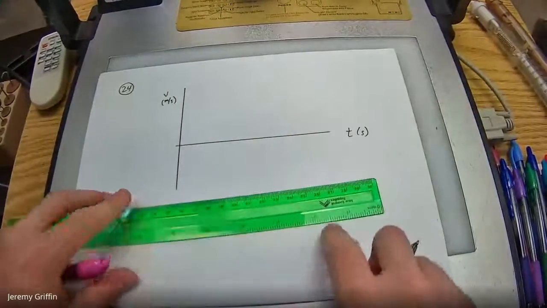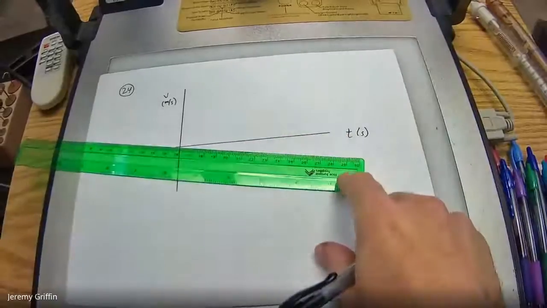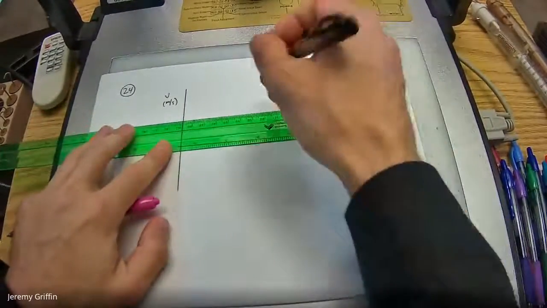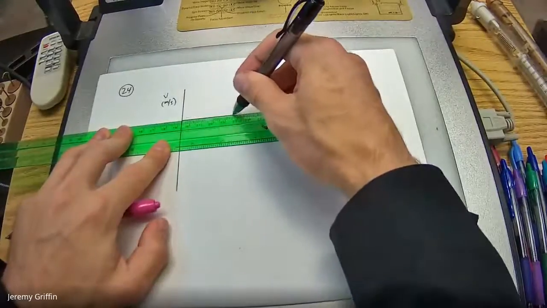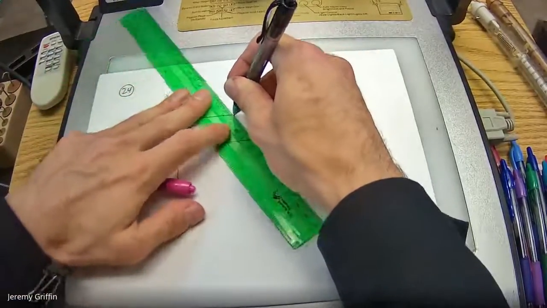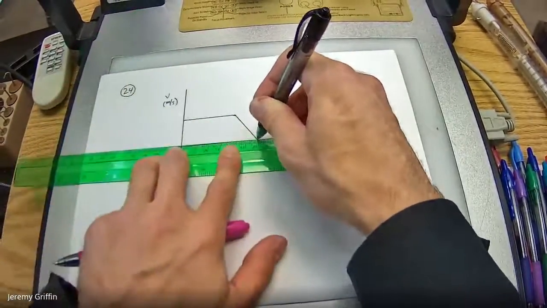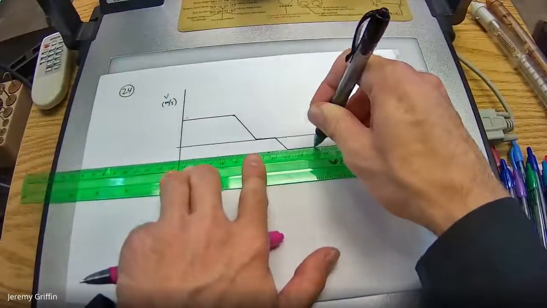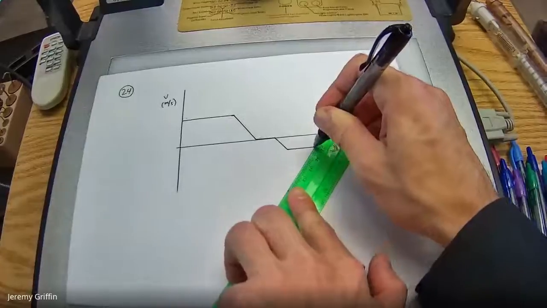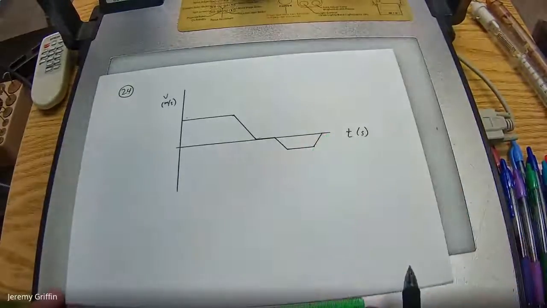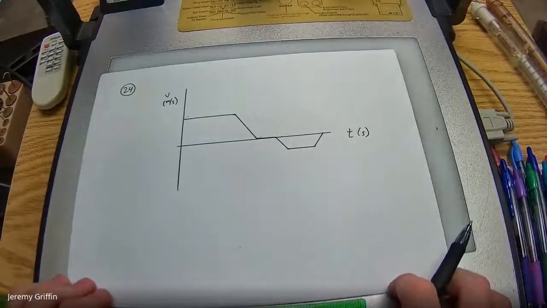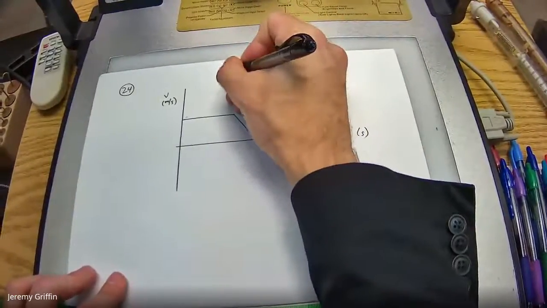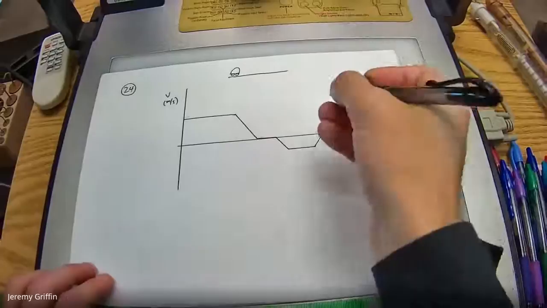I'm trying to think of a situation that's going to work out for me. Maybe something like that. Maybe this is a car driving on a road, something like that.